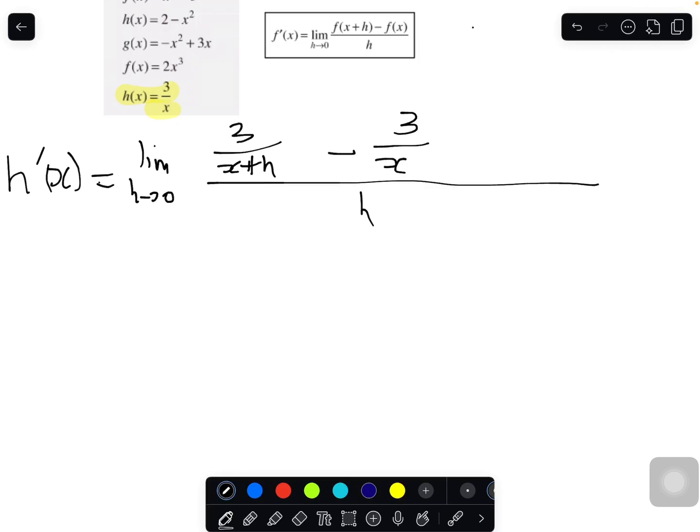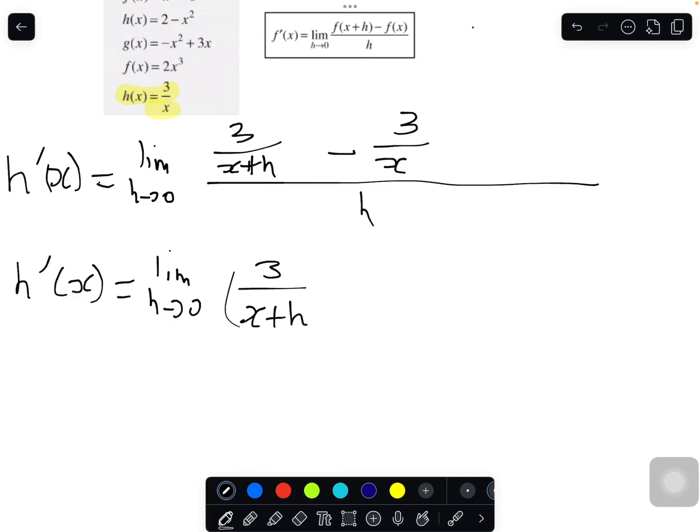What I like to do for these questions is, I don't like working with a fraction over a fraction. It gets a bit complicated. So I like rewriting the expression as 3 over x plus h in brackets, minus 3 over x, and this whole expression is being divided by h.